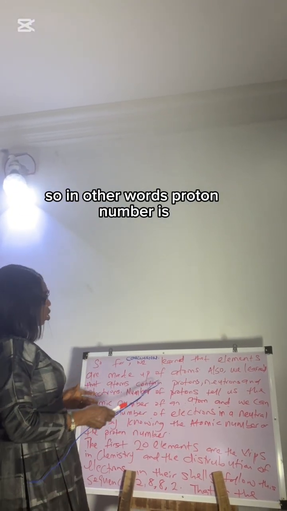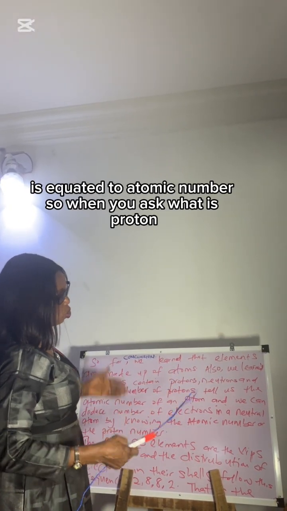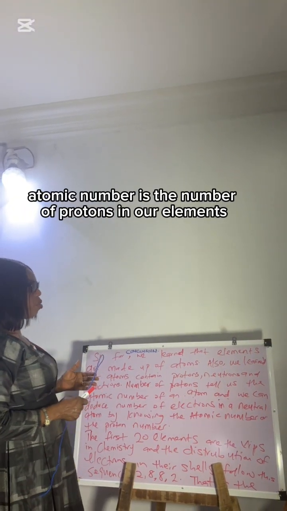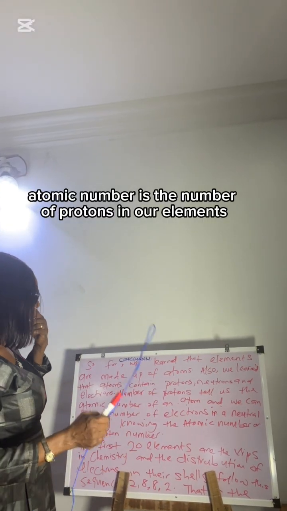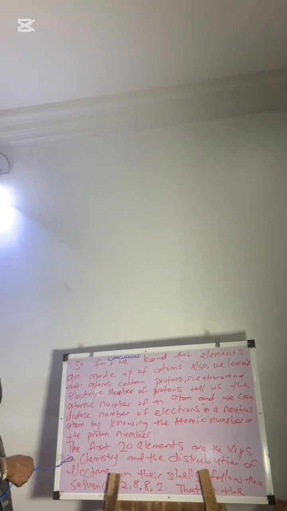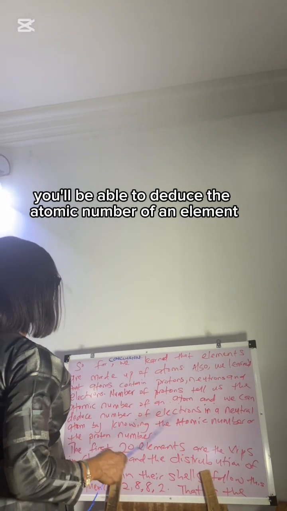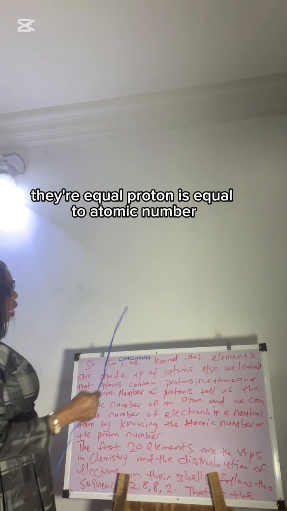In other words, proton number is equated to atomic number. So when you're asked what is atomic number, atomic number is the number of protons in an element. When you know the proton number of an element, you'll be able to deduce the atomic number because they're the same, they're equal. Proton number is equal to atomic number.